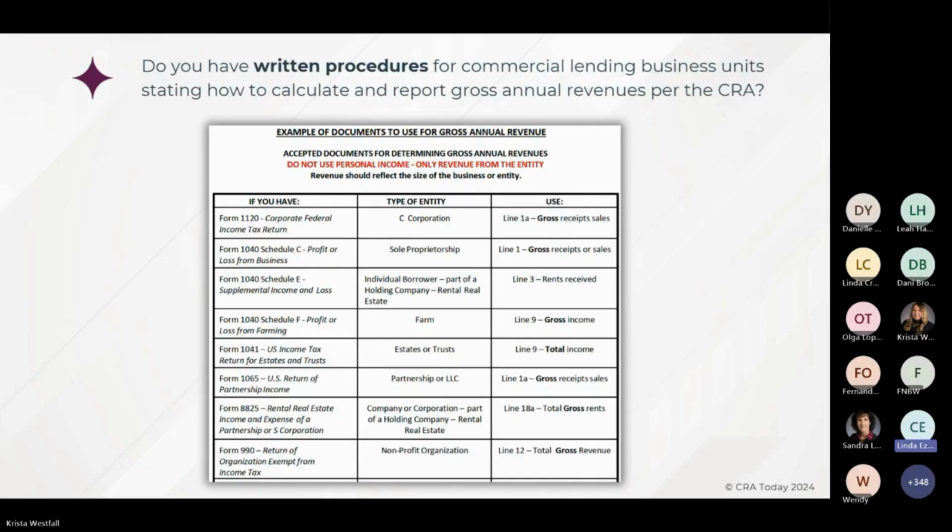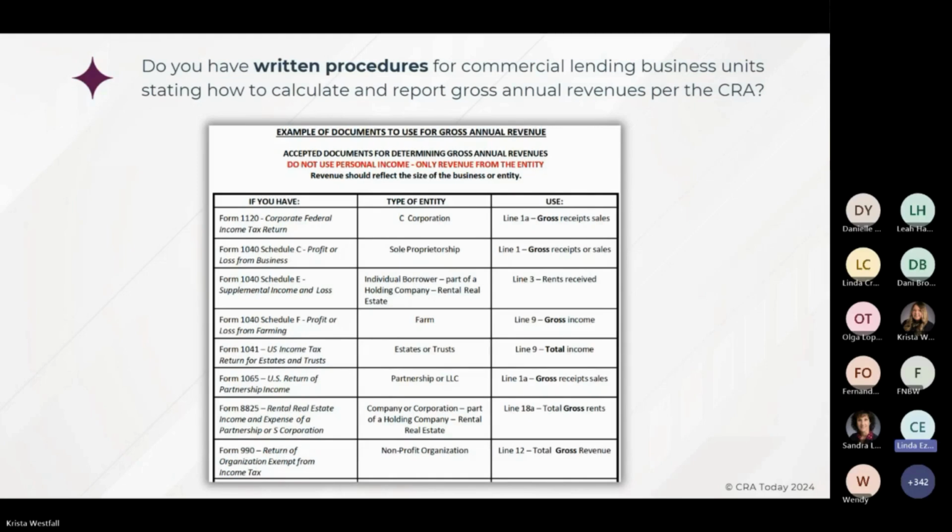Okay, so the other checkpoint for you is, have you revisited how you show proof or how you validate your gross annual revenue? Right? What will you use as proof in a data integrity review? So you determine gross annual revenue in the indicator code during data integrity. What document will the regulator then check?